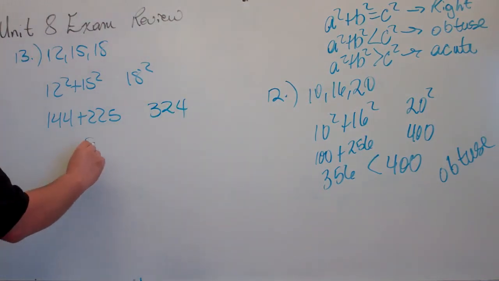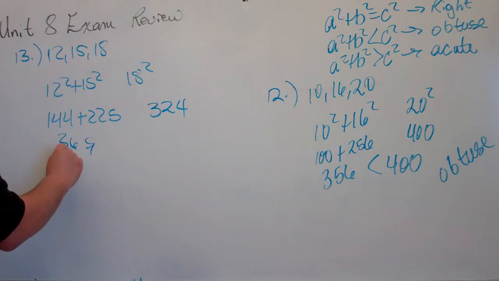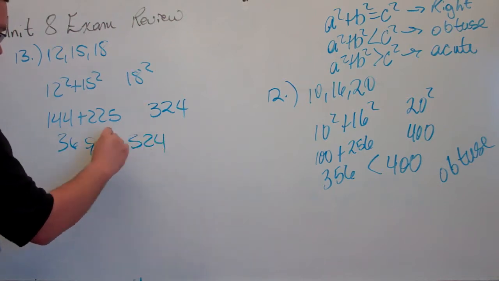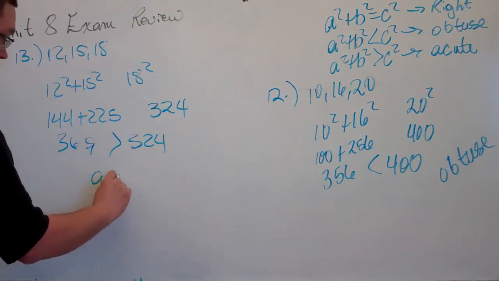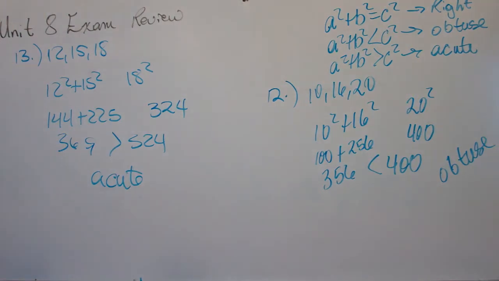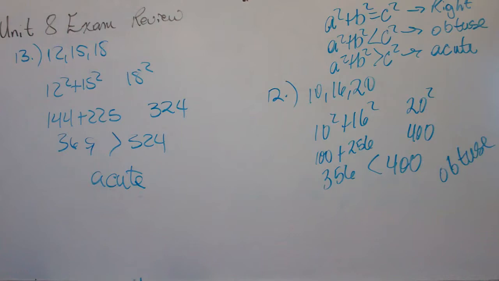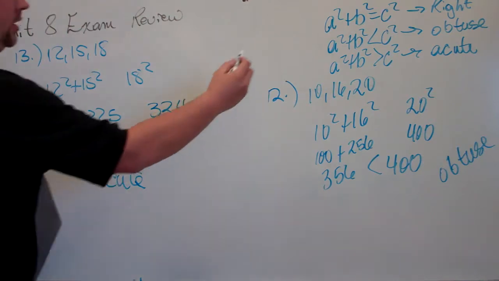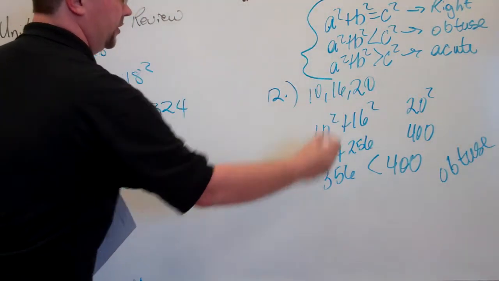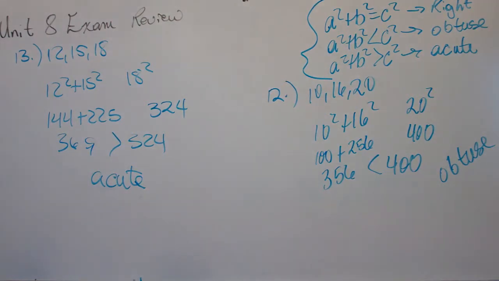So this is 9, 6, 3, 369. So since a squared plus b squared is bigger, it is acute. Alright? So remember, we're just using these three versions of the Pythagorean theorem to figure out if they're acute, obtuse, or a right triangle.